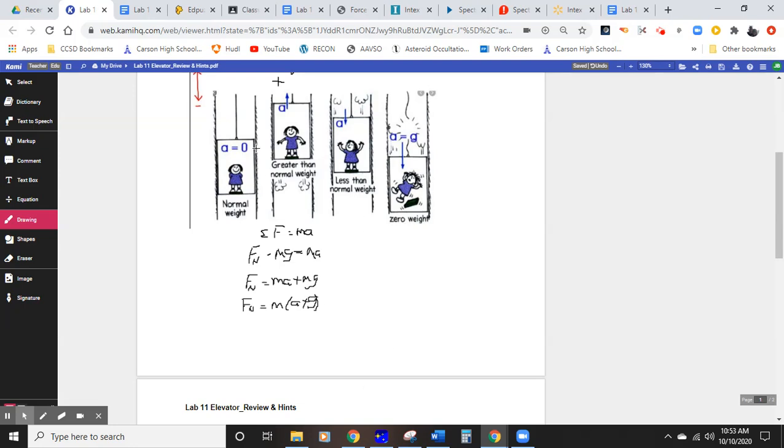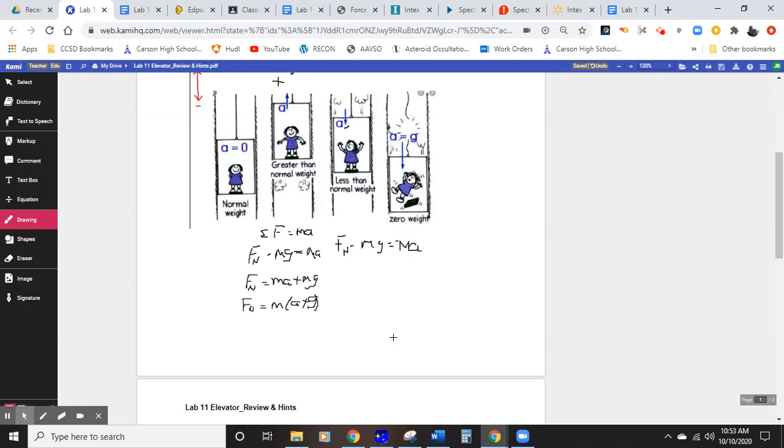Now going down, here we have acceleration is negative. Going through the whole thing again, we'll go to this part right here. So the normal force minus mg is equal to ma. Except this time, acceleration is negative, so we have to put a little negative sign out here.